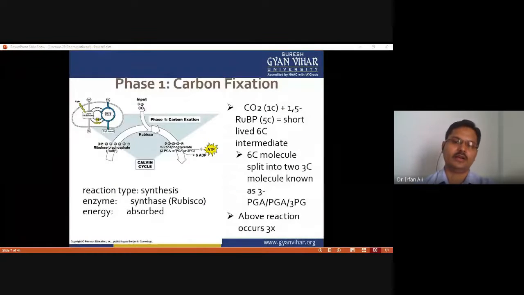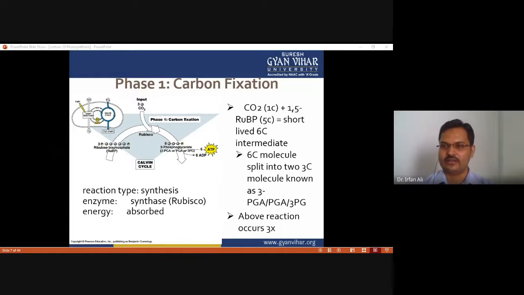Now we have to discuss these steps in some more detail. At the first phase there is fixation of carbon, which is called carbon fixation. At this step carbon dioxide, which is a one carbon molecule, combines with ribulose bisphosphate, which is a five carbon molecule.